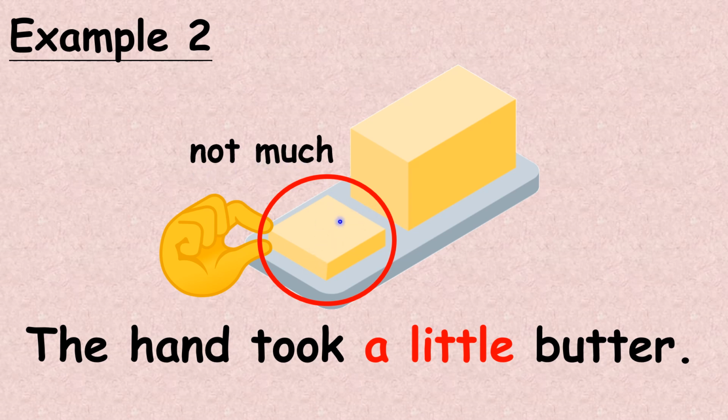See, here is not much and here is so much. And we're not able to count the butter. How do we count butter when we can cut it anywhere? So we used a little. The hand took a little butter.